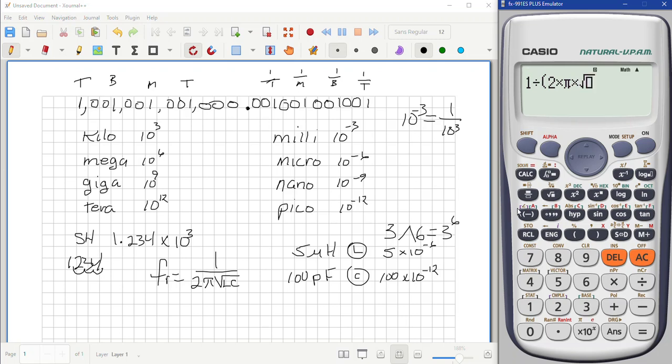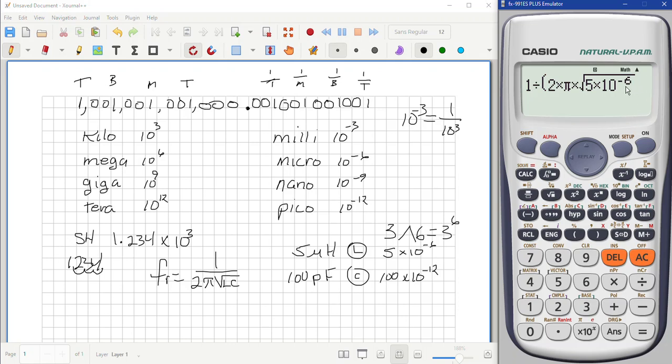the square root of these values, and I'm going to enter them in just like this. So 5 times 10, and I'm going to use that x to the arbitrary exponent key and type in a negative 6. Notice that the cursor stays up here.